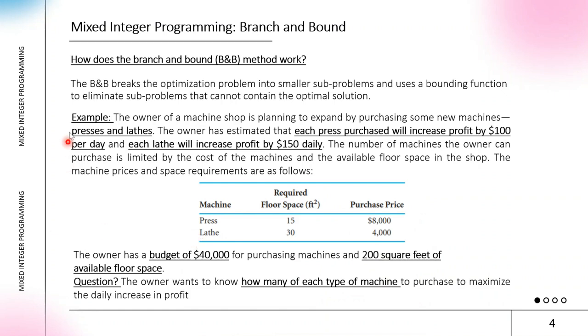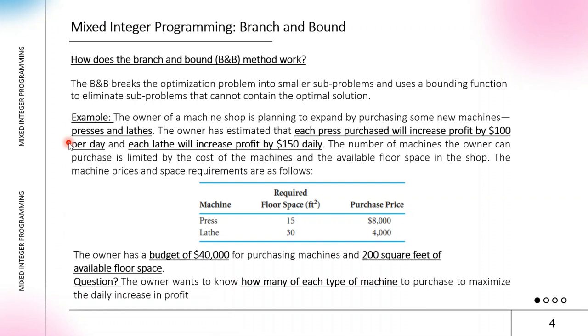Okay, we have a general example here. A machine shop wants to purchase presses and lathes. Each press increases profit by $100 per day, while each lathe increases the profit by $150 per day. There are limits on both the budget and floor space.